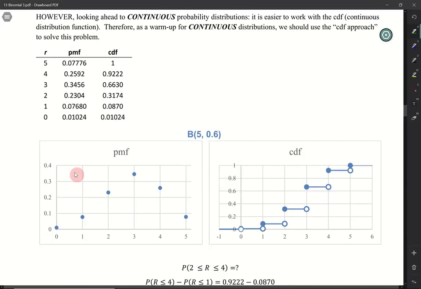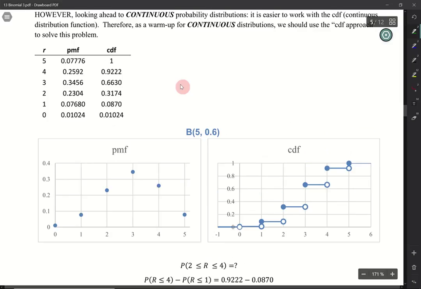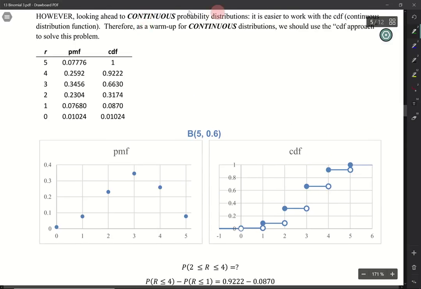Oh yeah, so that's how we think of the discrete distributions. When we go next week to continuous probability distributions, sometimes that's where it's more useful to think of the cumulative distribution function, CDF.